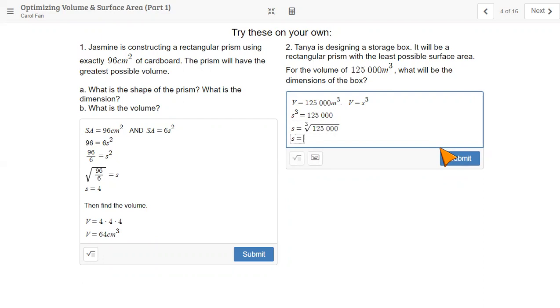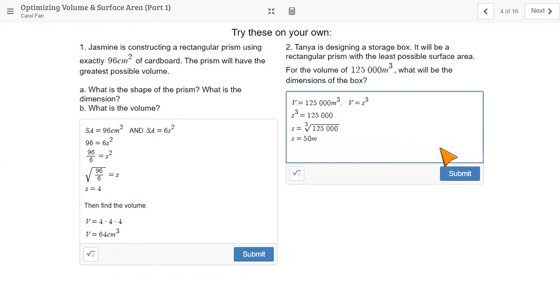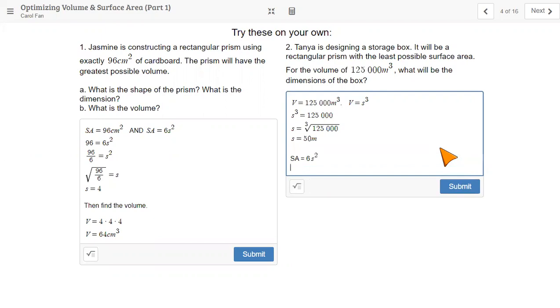And we have side is equal to 50 meters. It's not asking us for the surface area, but we can tell them the dimension as was asked. What's the dimension of the box?